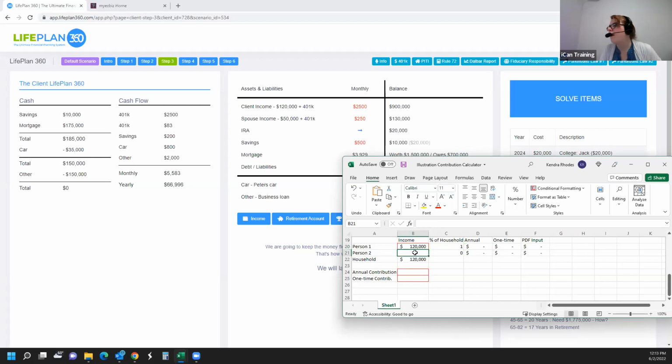Great. And person two is making $50,000 a year. So their annual income is $170,000 a year. Their annual contribution, as we see over here, is really $67,000.